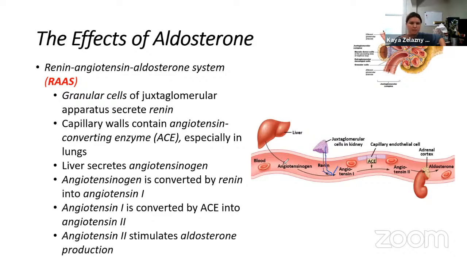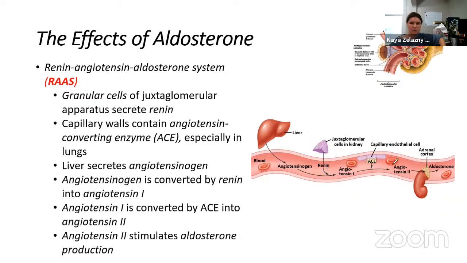It converted the angiotensinogen from the liver that's circulating all the time into angiotensin 1. Okay. Then we are converting to angiotensin 2 using these ACE, the angiotensin converting enzymes that are in the endothelial cells. And they're not doing this until we have renin, because until we have renin, we don't have angiotensin 1. Okay, so they are there all the time.